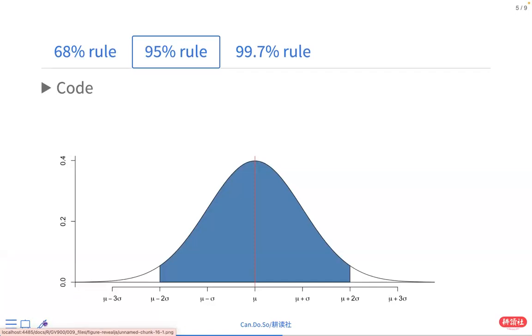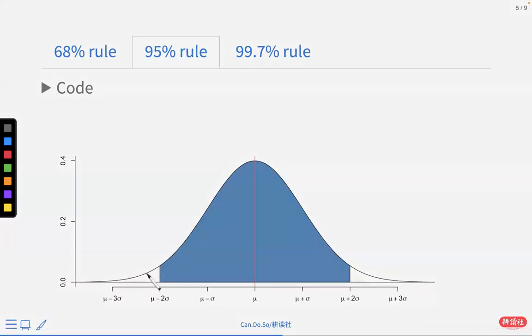Which means this part is what? These two parts added together will be another 5%. And we also know that these two parts are equal. So this part is 2.5% and this part is 2.5%, and this part is 95%.